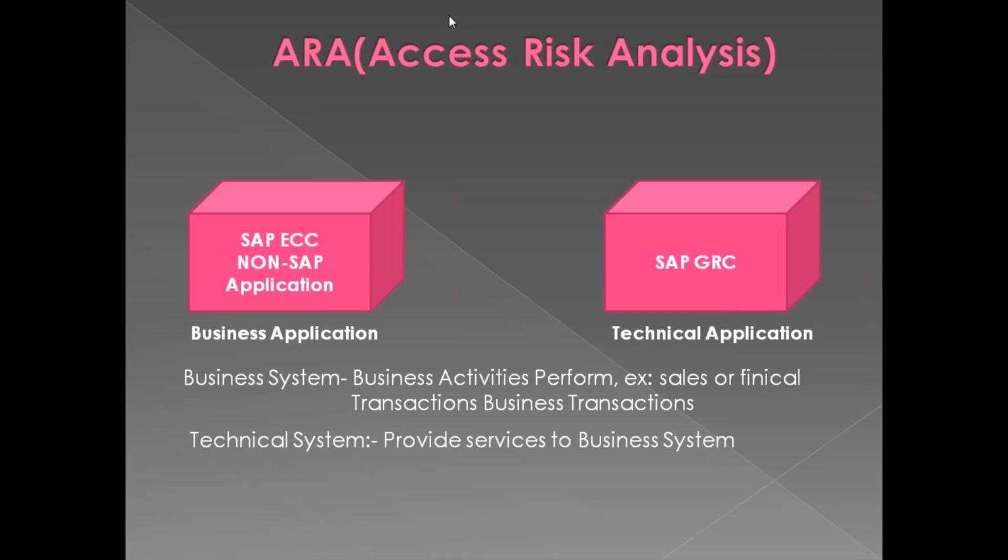In ARA, access risk analysis, how are we going to determine risk? Let me describe an example company. In our company, we have 10,000 employees, and we perform access risk analysis on them. Out of 10,000 employees, 100 users have a risk.